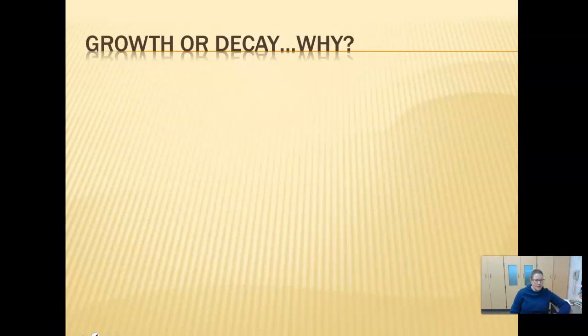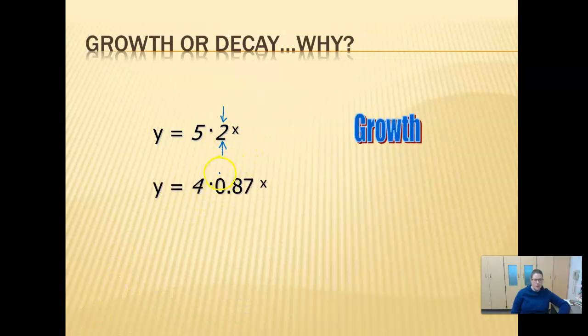So we're just going to look at some functions and decide would this be exponential growth or decay. Again, we're looking at this number right here because that's our multiplier. Because that number right there is bigger than 1, this is going to be exponential growth. On this one, our multiplier is a decimal below 1.